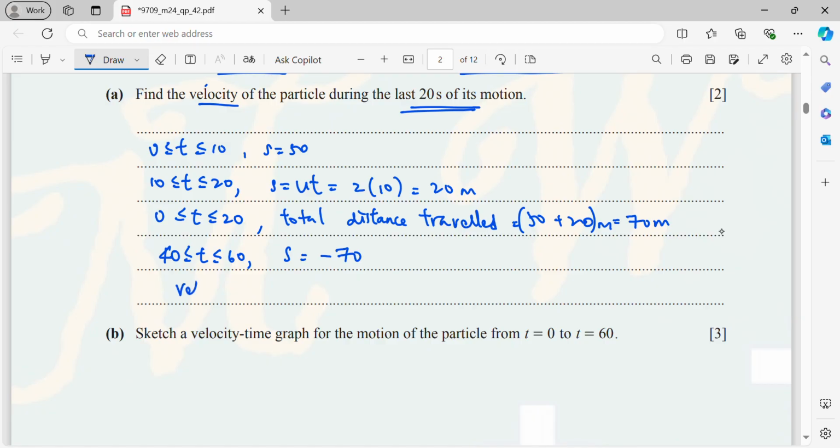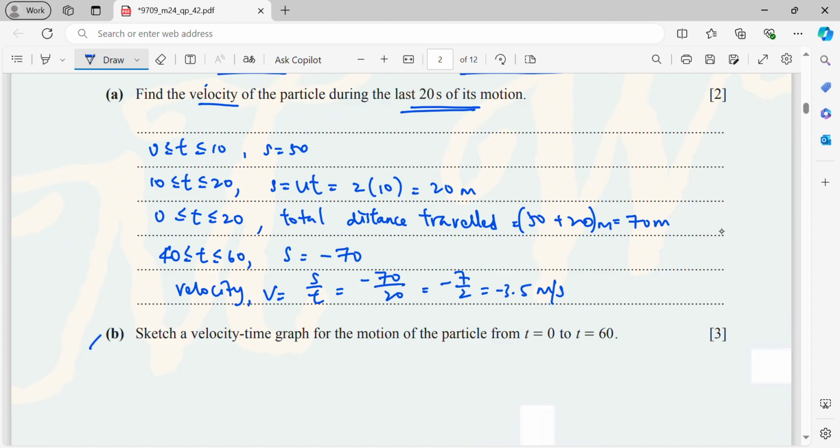So then the v, velocity, v equals s over t. This is going to be negative 70 over 20. Then I get negative 7 over 2. That is negative 3.5 meters per second. Now the negative means that it is traveling back to the initial point.